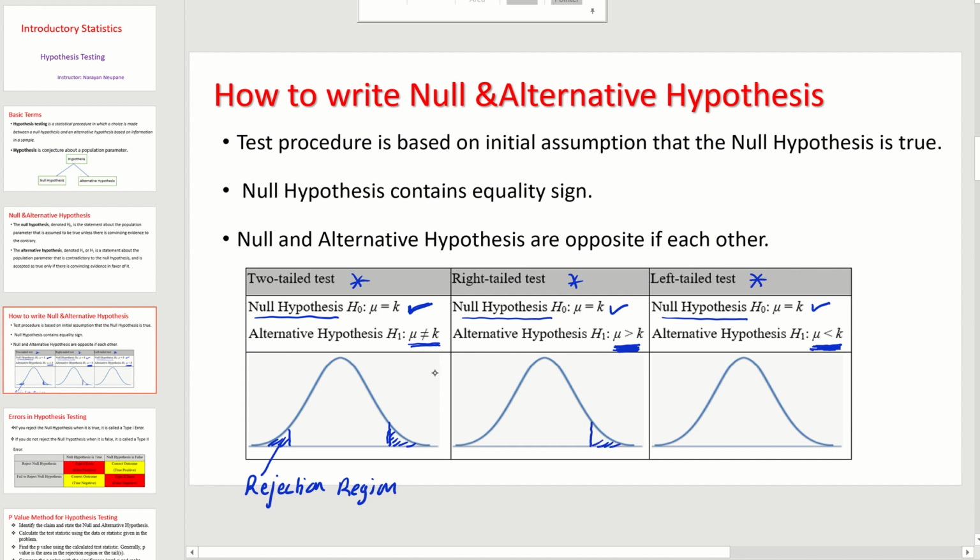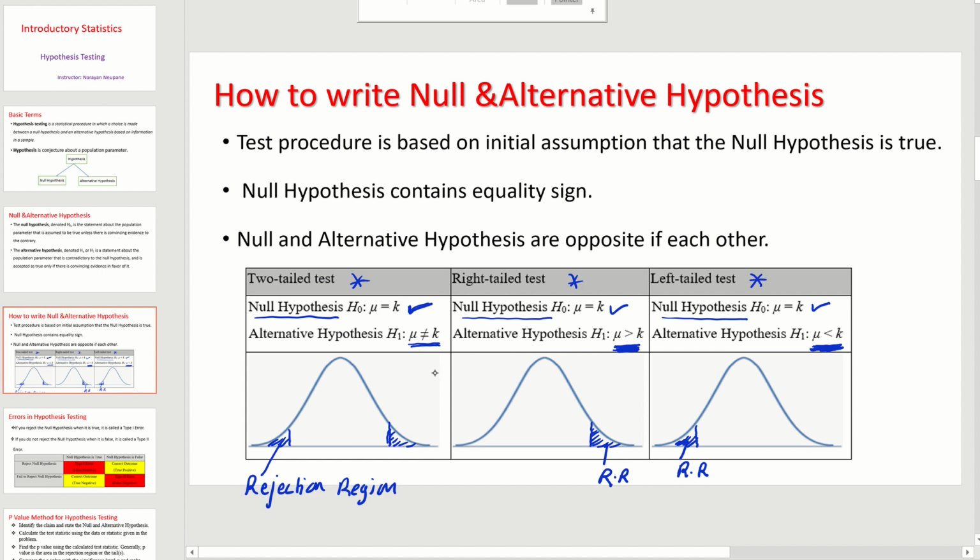This is the rejection region. And if the alternative hypothesis contains the parameter less than some value, it is a left tail test. So your rejection region will be here. This is the rejection region.